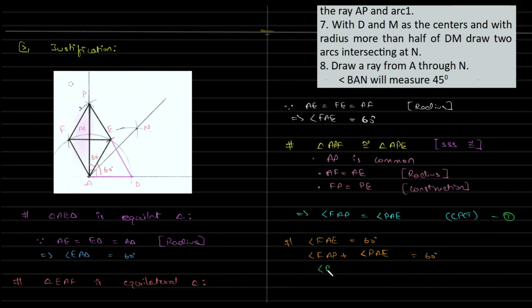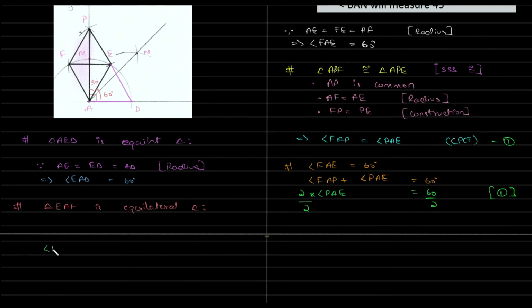That angle PAE is equal to FAP, so this will turn out to be 2 times PAE, which is equal to 60 degrees. Oh yeah, this is from equation 1. So divide by 2 and you have that to be 30. Angle PAE is equal to 30 degrees. So this is 30 degrees.